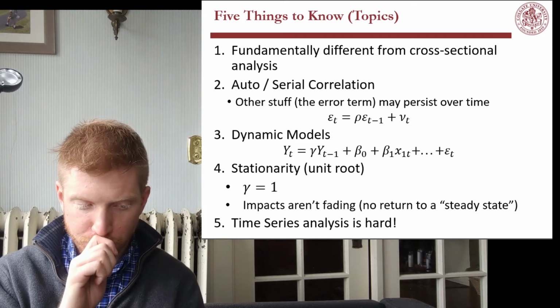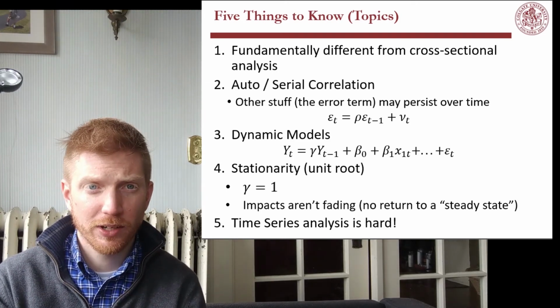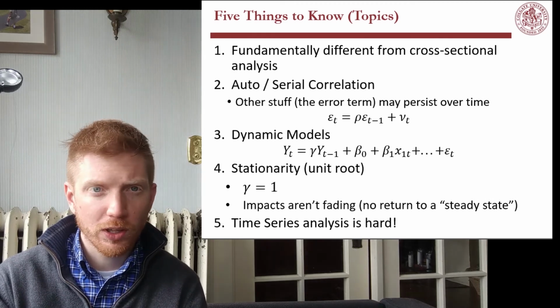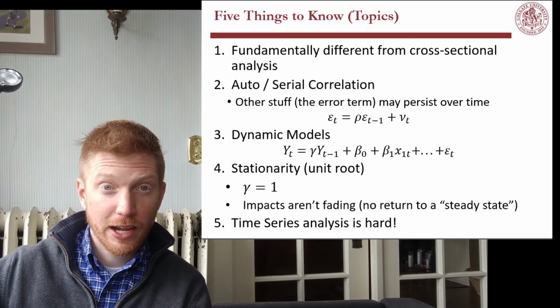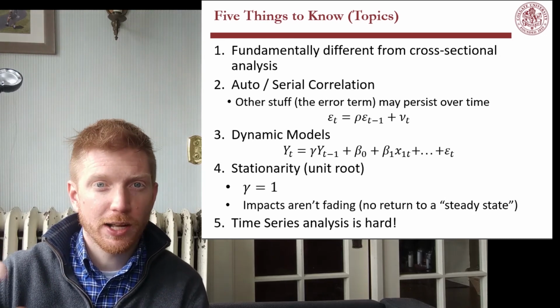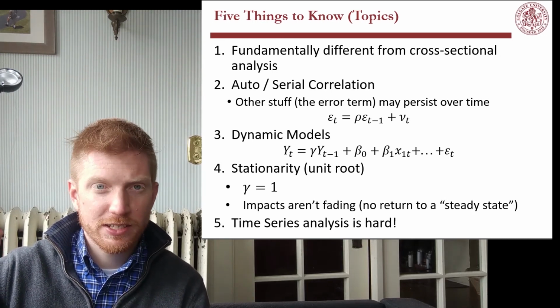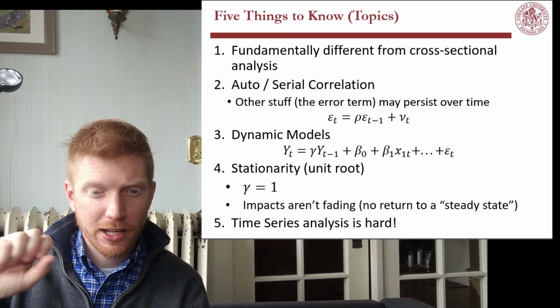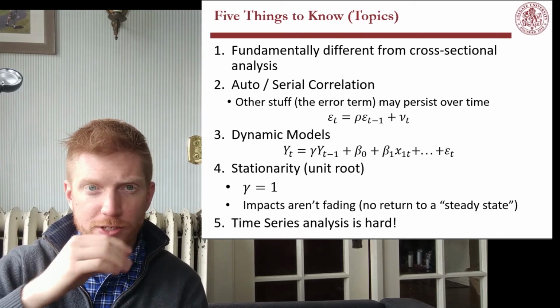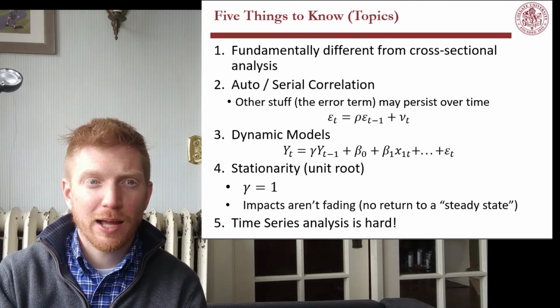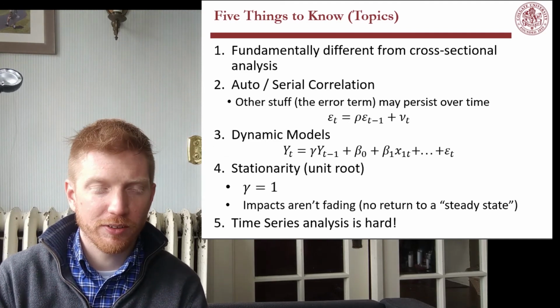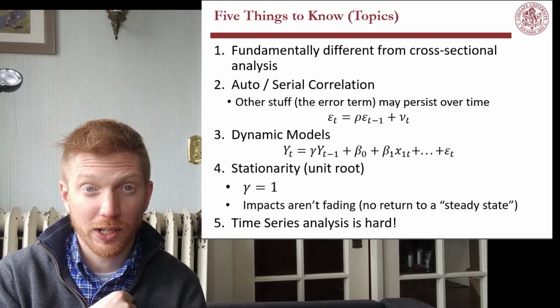It's very different. The next thing we'll talk about is an idea called autocorrelation or serial correlation. It's the idea that the error term may persist over time. So you might have persistence in that, say, other stuff that was impacting GDP yesterday is still happening the next year. It stays around. It's impacting GDP today as well.